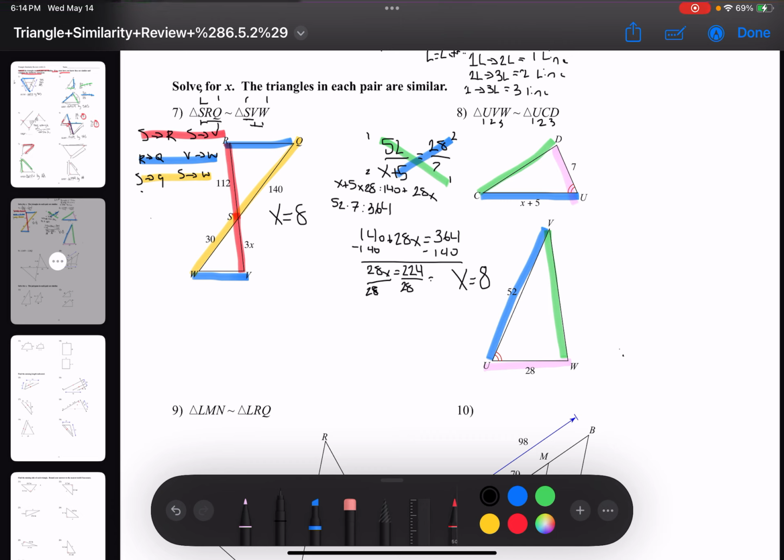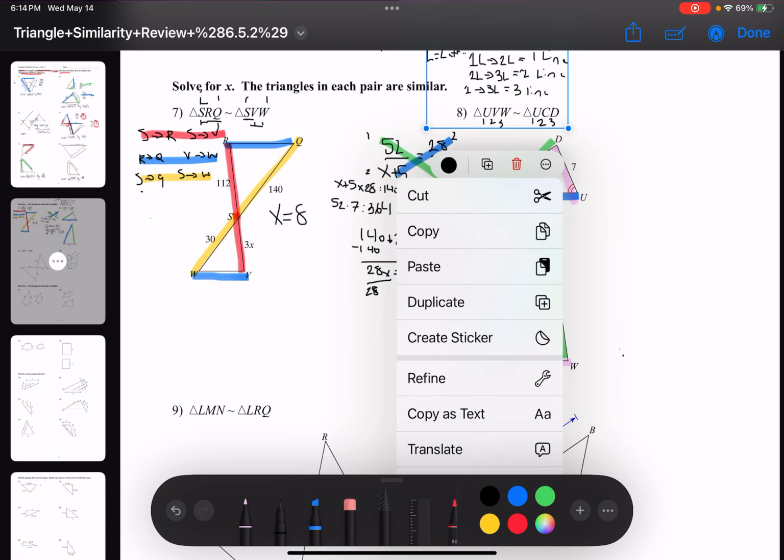Wait a damn minute. Why are they the same numbers? I don't like that. Can I clip this? Can I bring this down here with me? Can I create this as a sticker, guys?